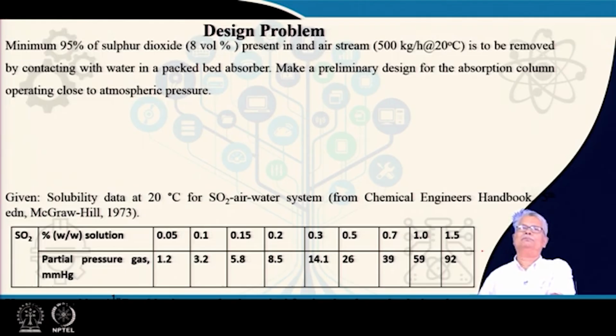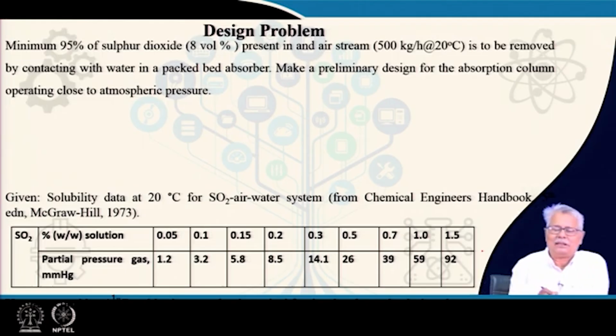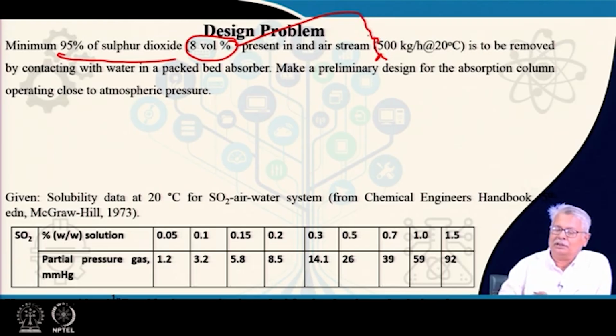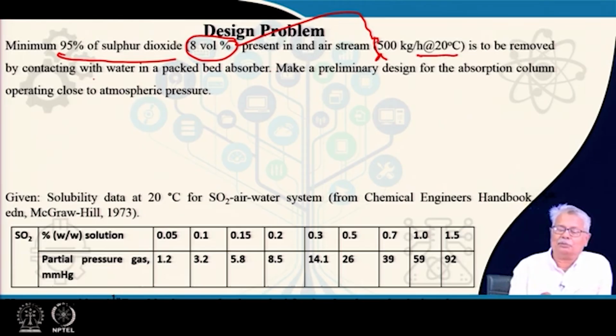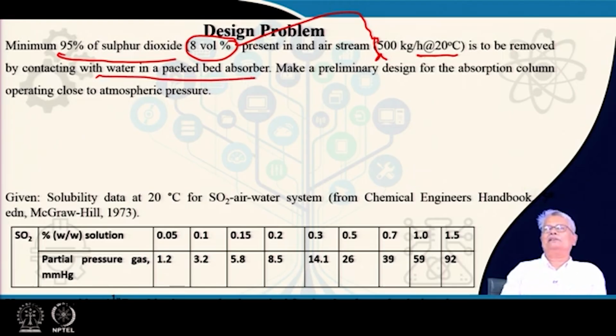Here we have a design problem which says that a minimum of 95% of the sulfur dioxide present in the air stream, which has 8% sulfur dioxide in it, and the flow rate is 500 kg per hour at a 20 degree centigrade temperature, is to be removed by contacting with water in a packed bed absorber. And you are asked to do a preliminary design for the absorption column operating close to atmospheric pressure.